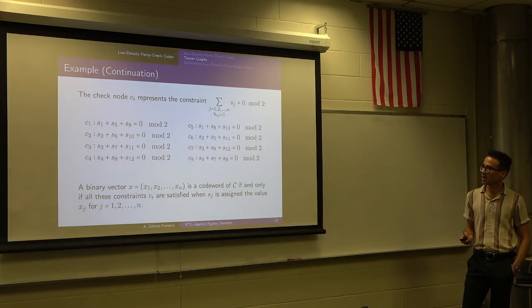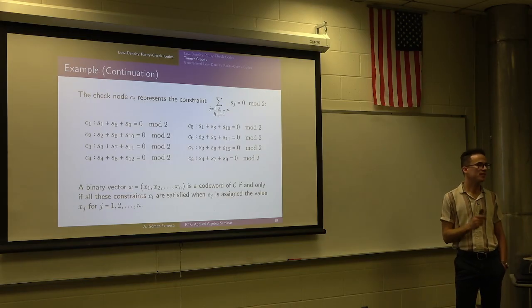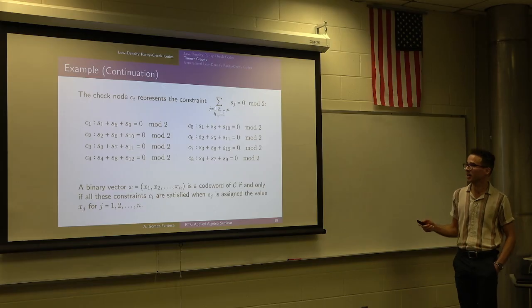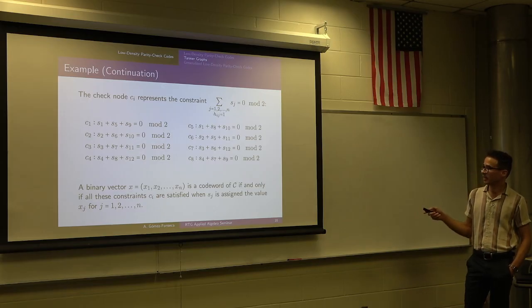Now, when we talk about LDPC codes, each one of these rows corresponds to a constraint. And that constraint is given by, if you let the symbol nodes Sj denote a variable, the summation of all of these Sj has to be equal to 0 modulo 2 when Hij is equal to 1. And this is for the constraint node Ci.